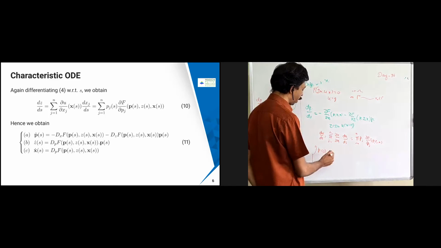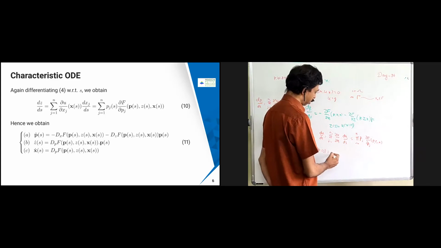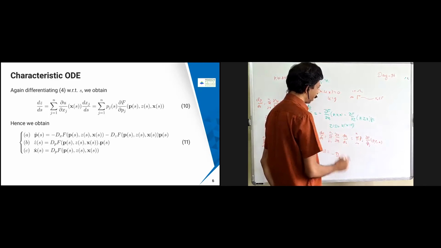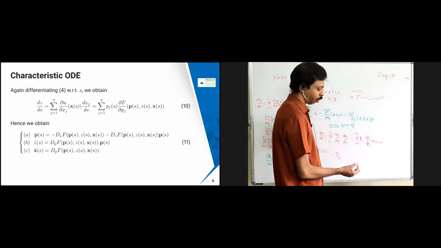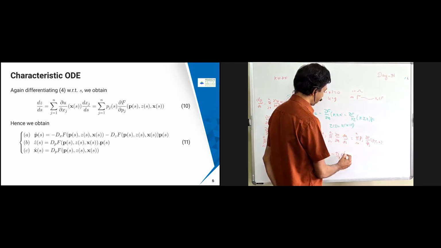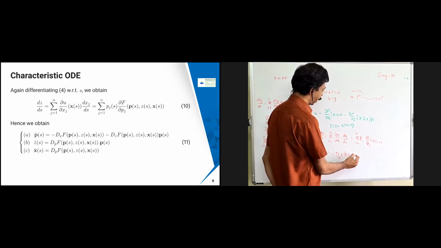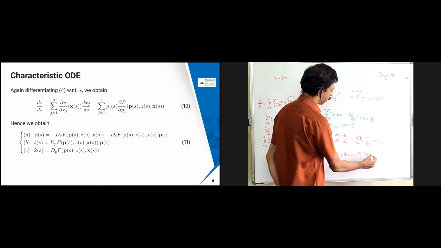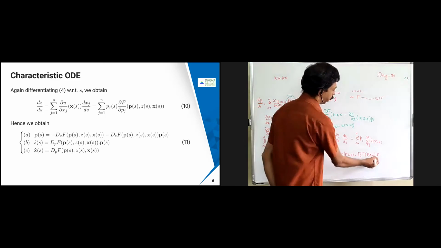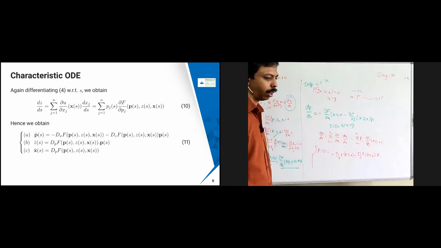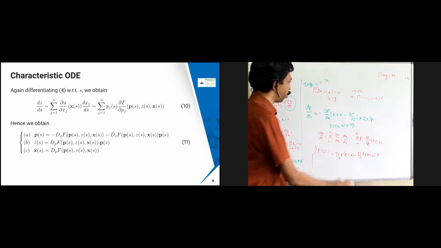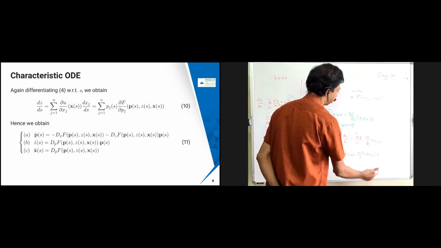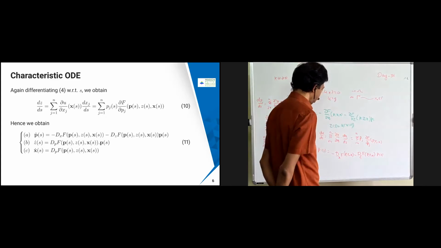So p of s is going to become equal to minus dx of f of p comma z comma x, minus dz of f of p comma z comma x into p. This is a scalar.